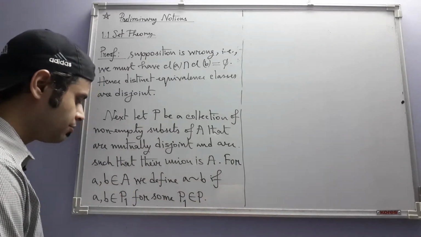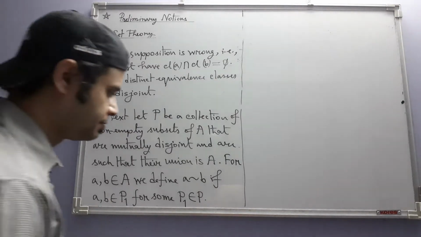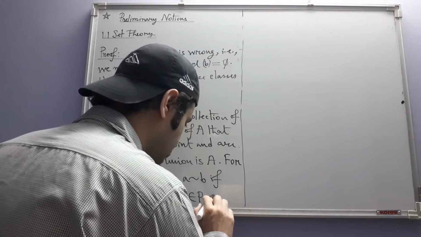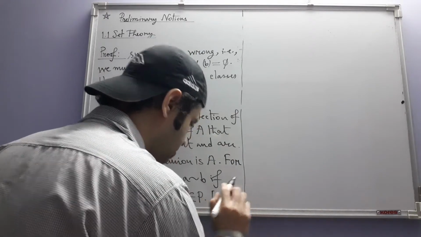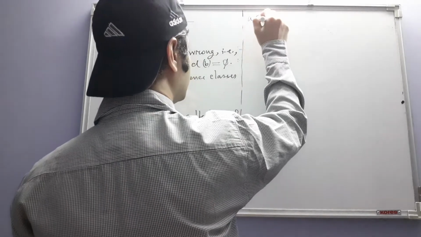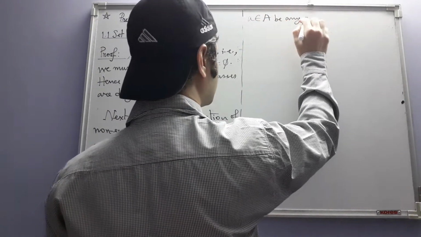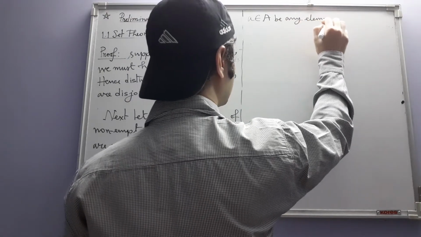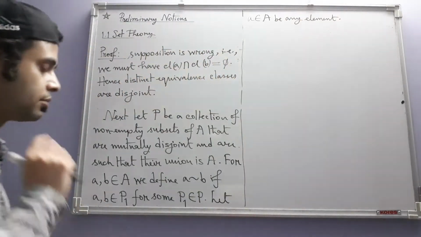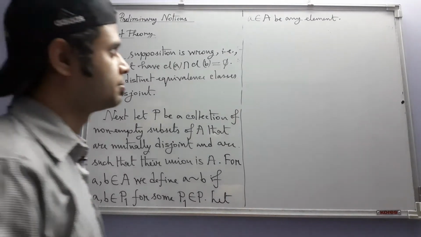Now, first of all, we have to prove that this is an equivalence relation. Okay. Let a belonging to A be any element. So let us first show that the relation is reflexive.